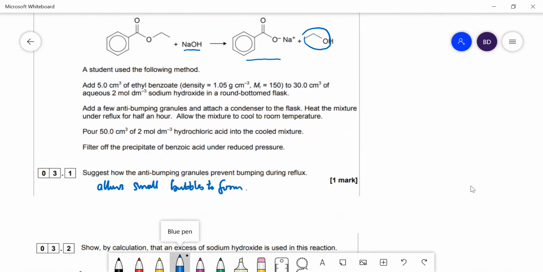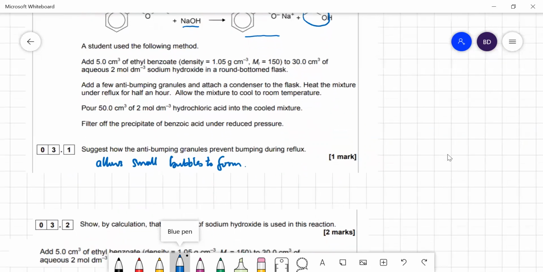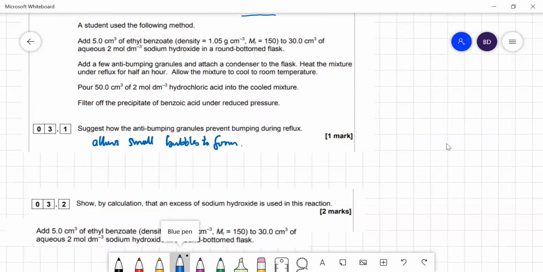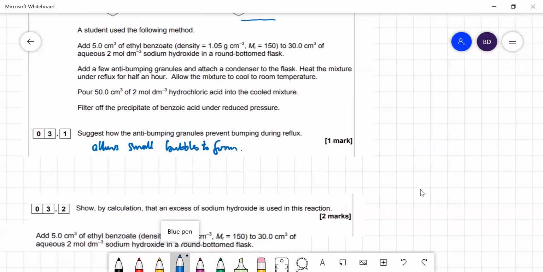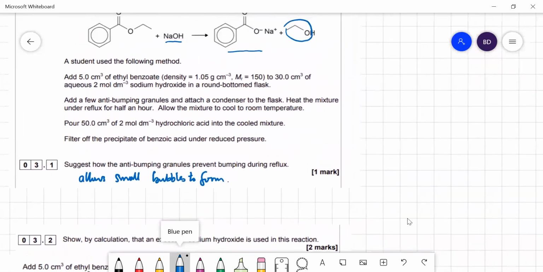Right, show by calculation that an excess of sodium hydroxide is used in this reaction. Right, so we need to look at this bit up here. So we're going to show the sodium hydroxide is in excess.